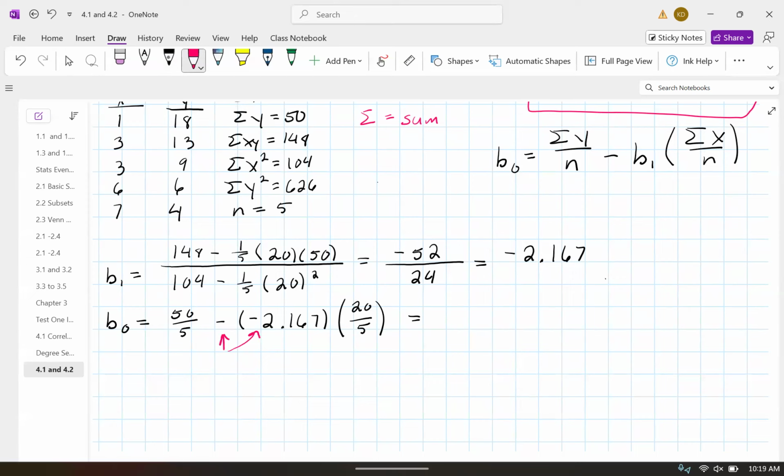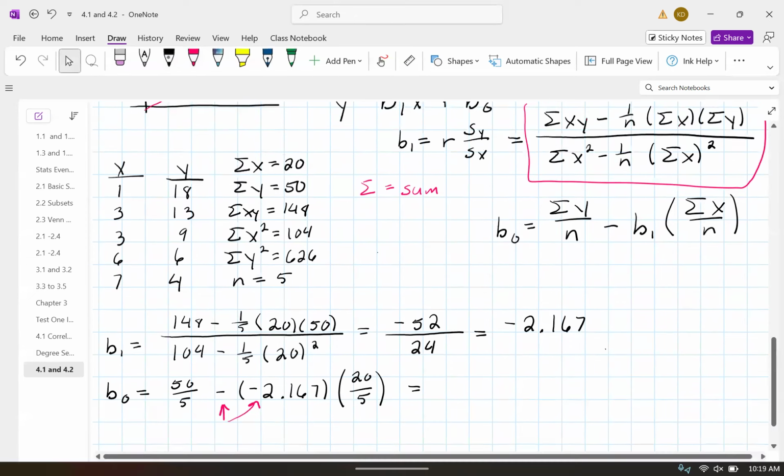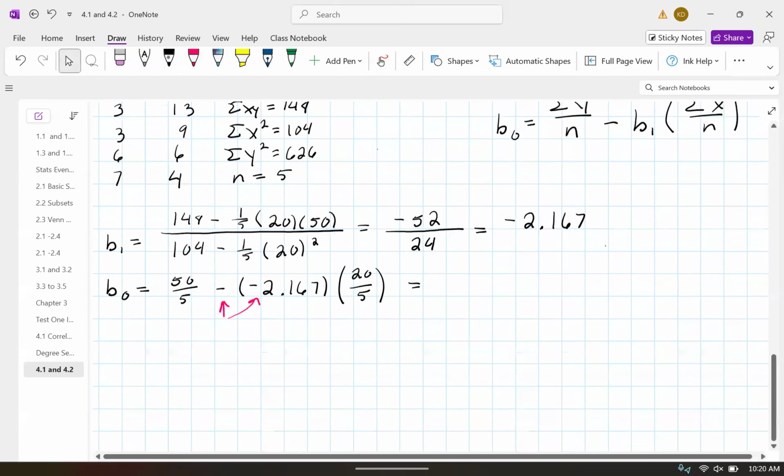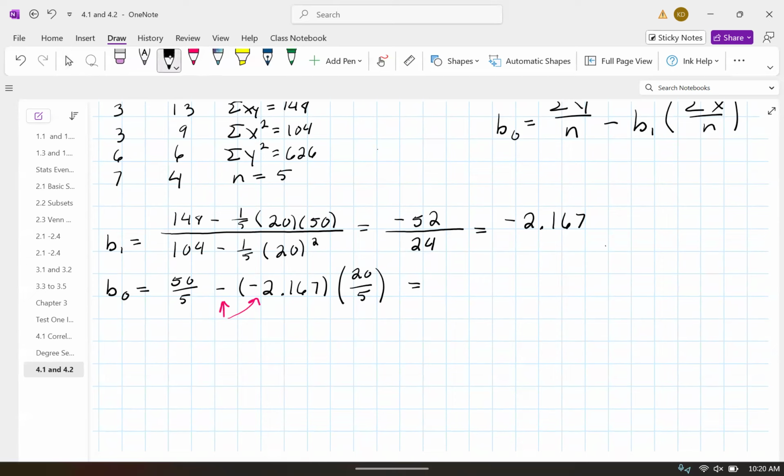If our B1 is also negative, that's a double negative, which means it's a positive. So be careful of that because this is going to end up being addition. So 10 plus 2.167 times 20 over 5, which is 4. Perfect. I get 18.668.